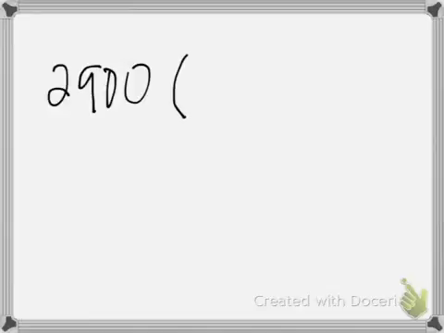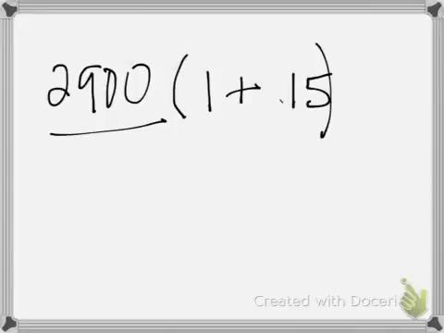Because this is our initial amount, you then do 1 plus the rate, changed to a decimal, so it'd be 0.15, and then time goes up here in the exponent space, and since it's 2 years, we would put a 2, and then you just put it in the calculator, and you should get your answer.